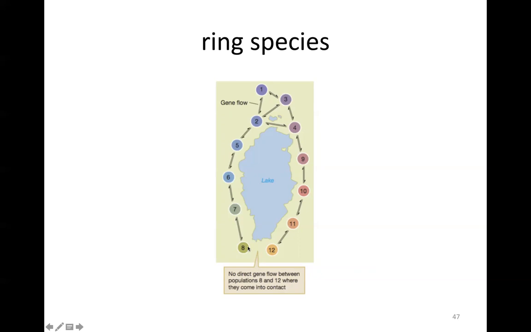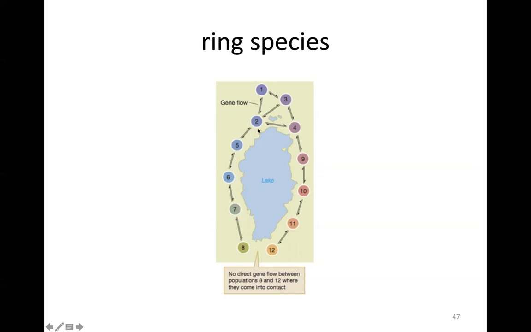How it works is as follows. So across some kind of geographical area, which creates some kind of ring-like structure, we have a number of populations where every population can exchange alleles with its neighbors. Okay, so 6 can exchange alleles with 7 and 5, 5 with 2 and 6, etc.